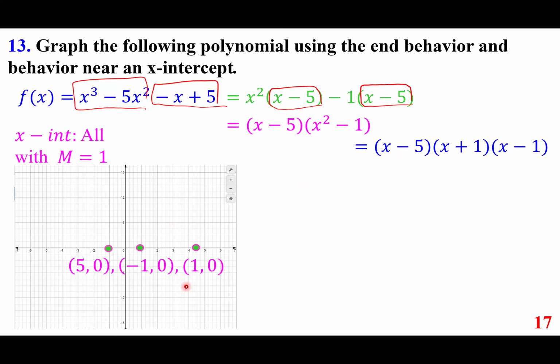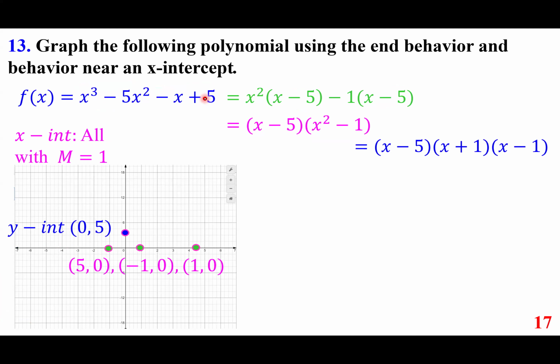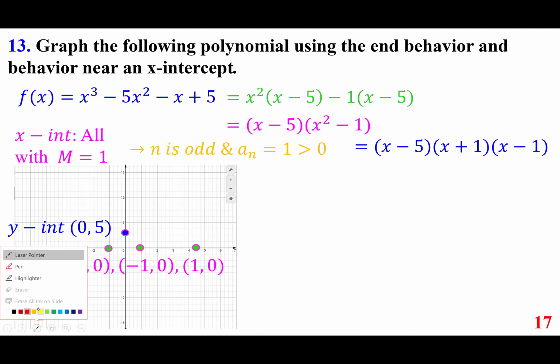The y-intercept is easier to get from the original one: if x is 0, you get 5. Okay, so the y-intercept is 0, 5. And because the leading term is x cubed, n is odd, more specifically, n equals 3.